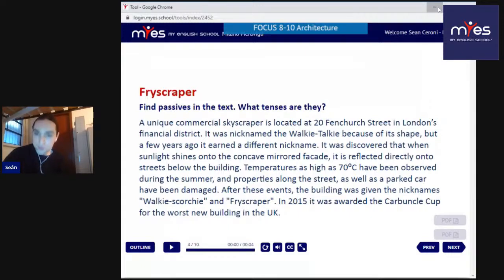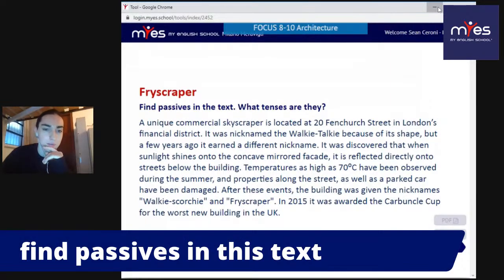Okay? Let me put up a banner to find passives in this text.